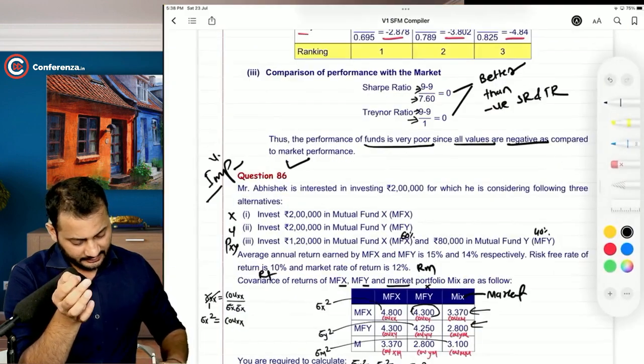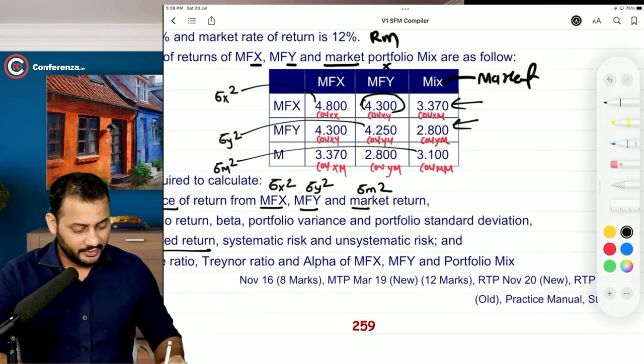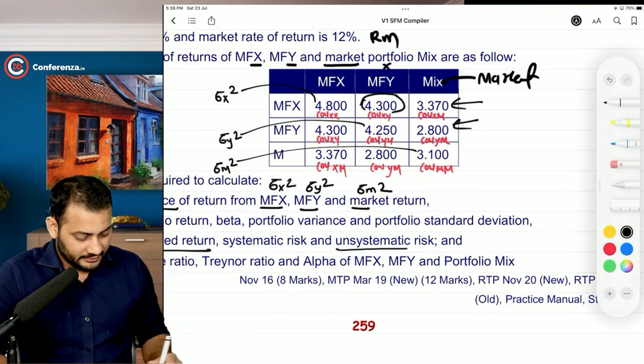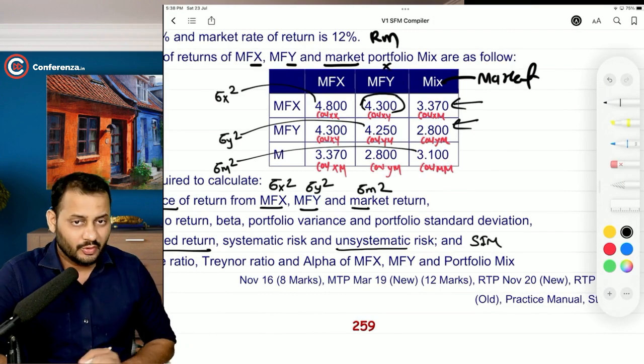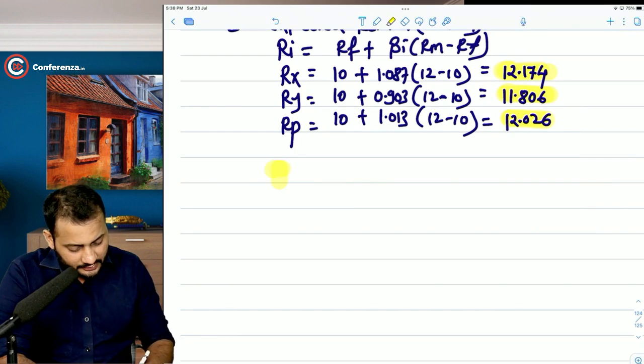First part. Then the second part, systematic and unsystematic risk. The moment unsystematic risk is written, that means we have to think about the single index model. Now, total risk, write down the equation first.